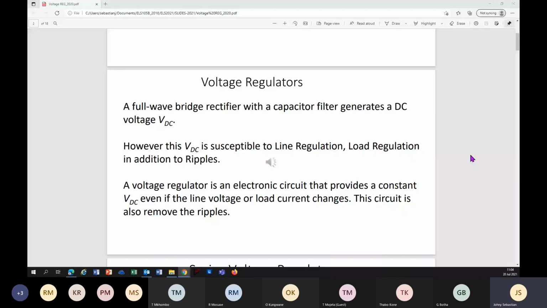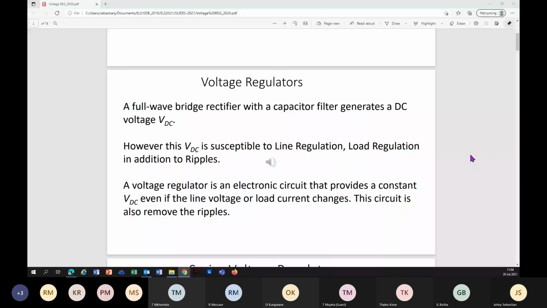We studied about line regulation and load regulation when we did Zener diodes. We even have a formula for that. So a voltage regulator is basically an electronic circuit that compensates for line regulation and load regulation. In addition, it can remove the ripples as well.